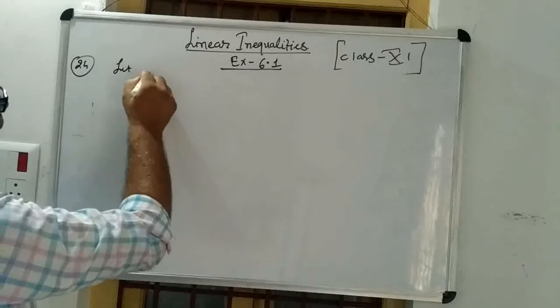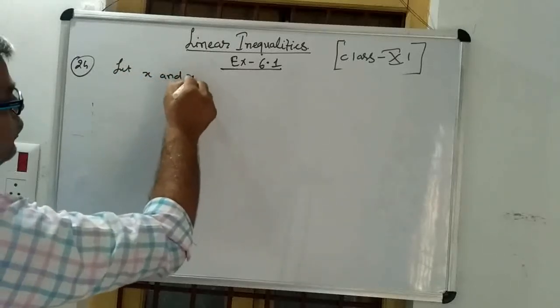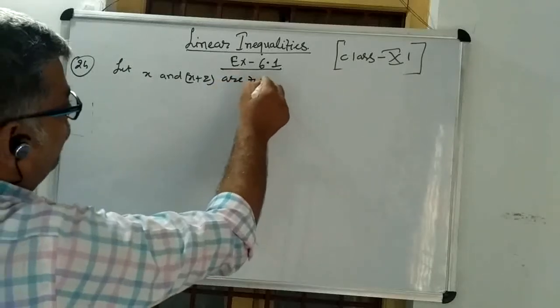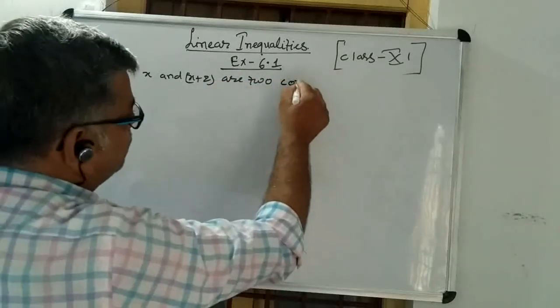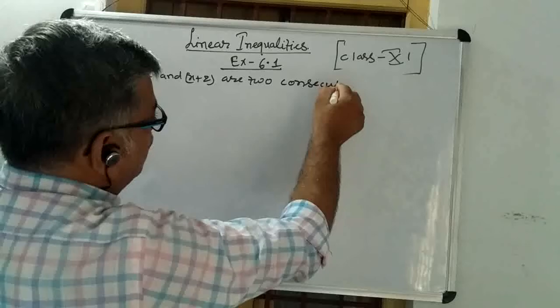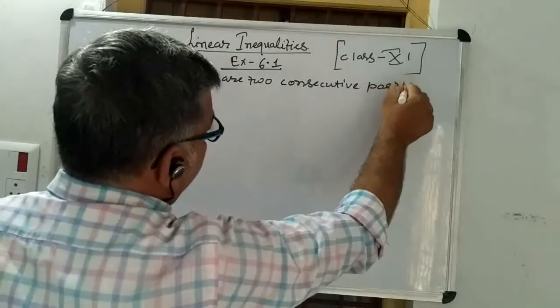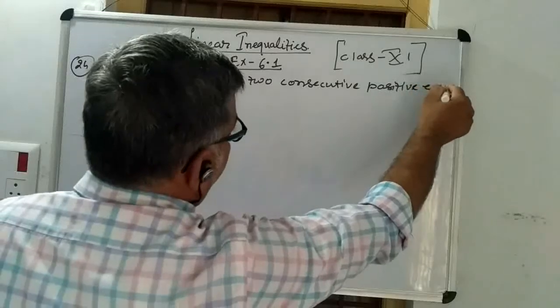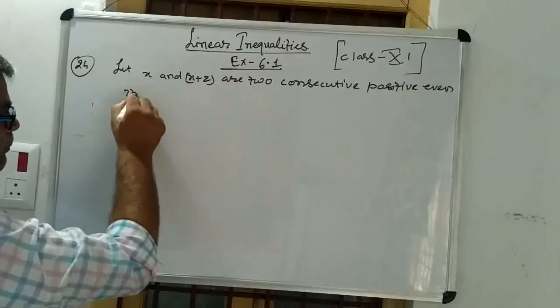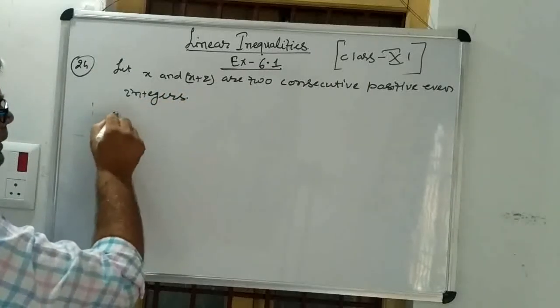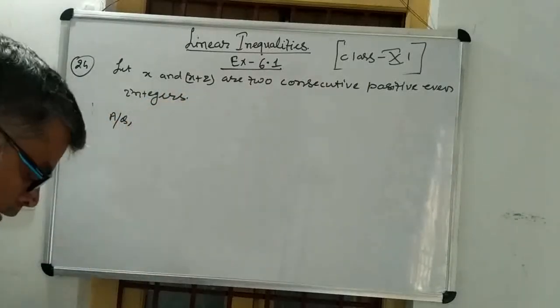Let x and x plus 2 be two consecutive positive even integers. Then what is given according to the question?